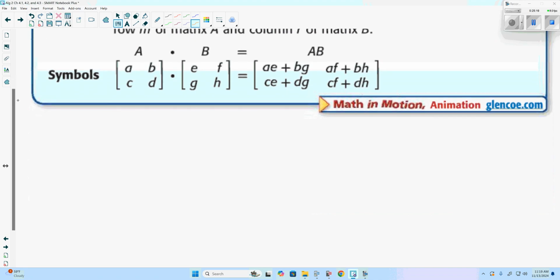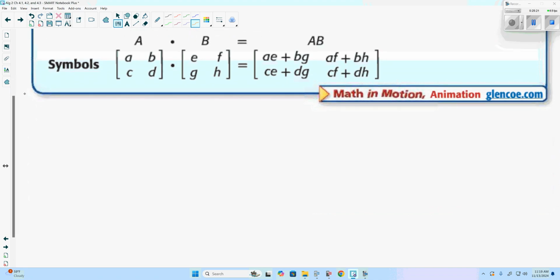Now, when we multiply two matrices, there is an order in which we multiply. There is a pattern to this, and I refer to it as over and down. We take the first row and multiply it by the second matrix's first column.